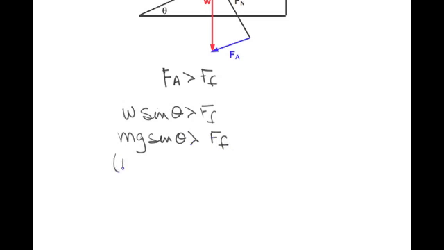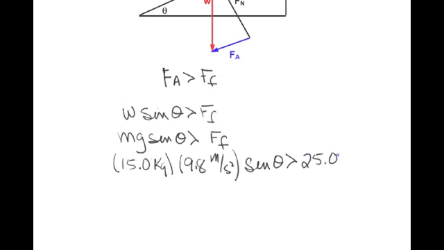We know the mass is 15 kilograms. That's given. g is just 9.8 meters per second squared, acceleration due to gravity. mg sine theta is greater than the force of friction, which is given to be 25 newtons.